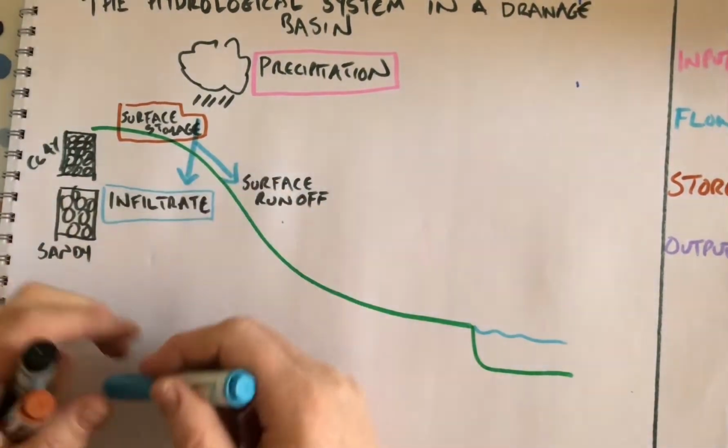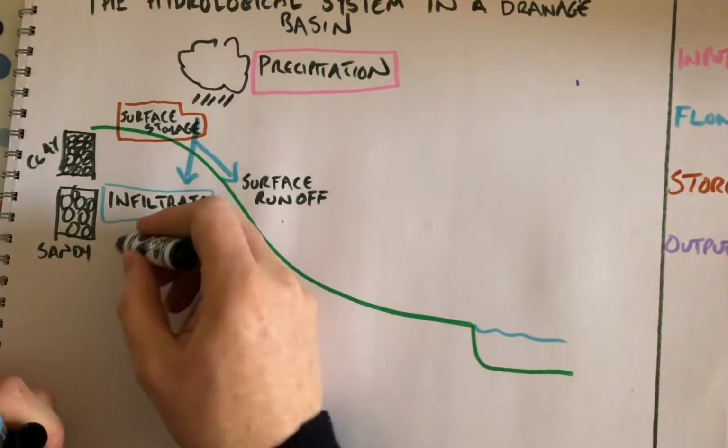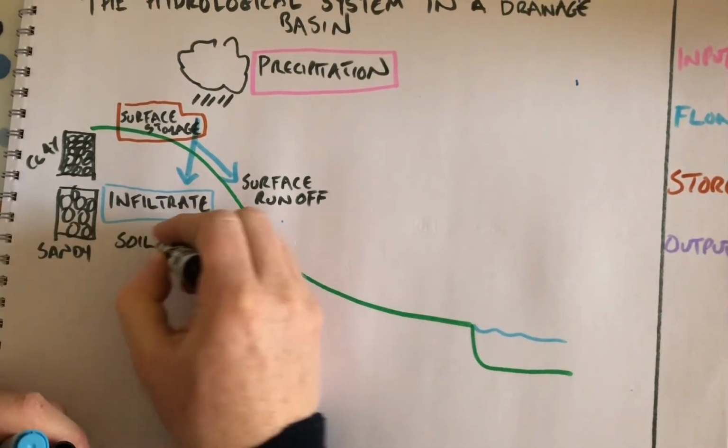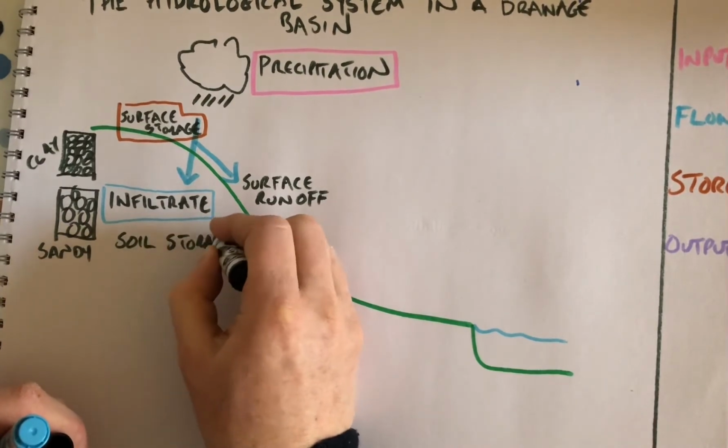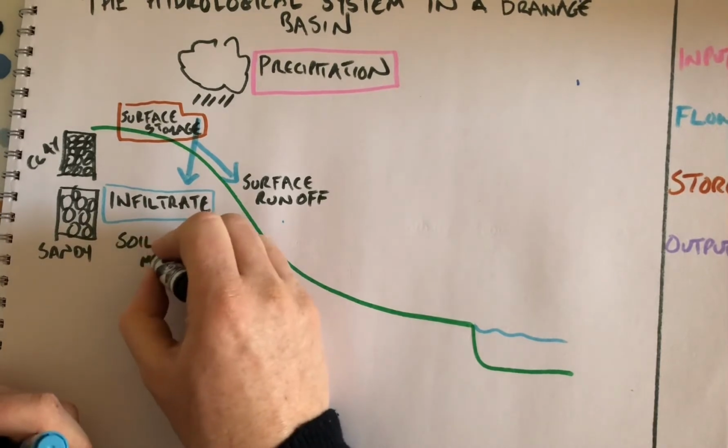But going back to infiltration, water can then go as soil storage. Water can be stored in the soil as moisture.